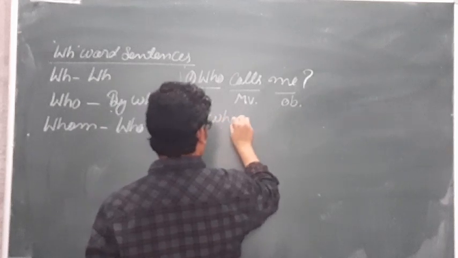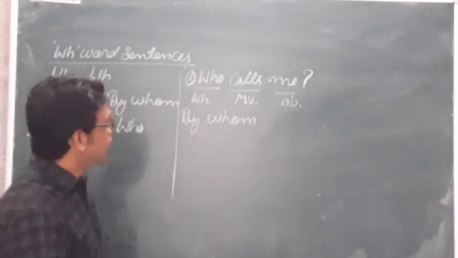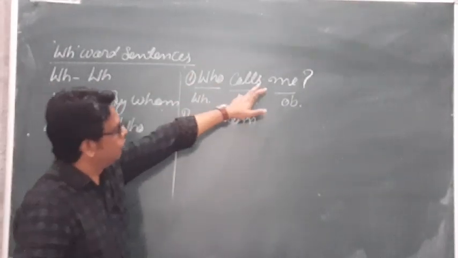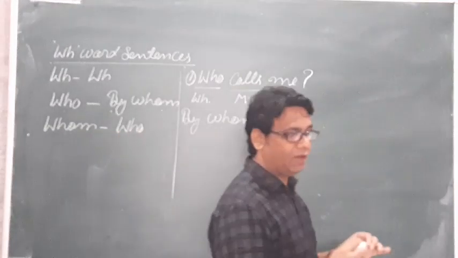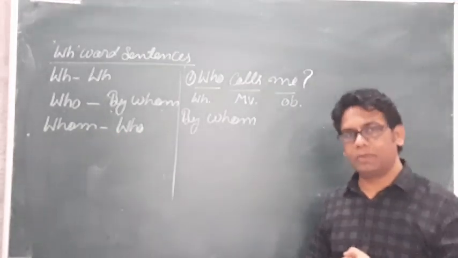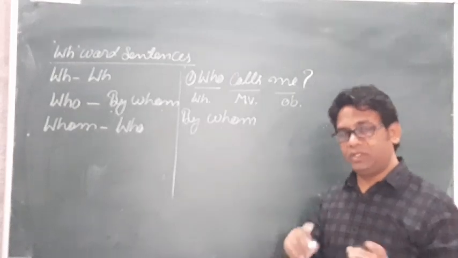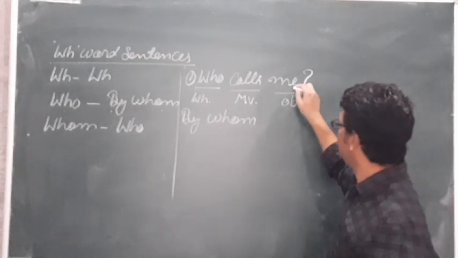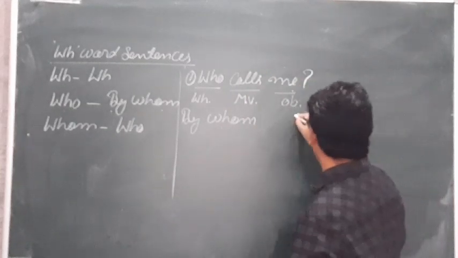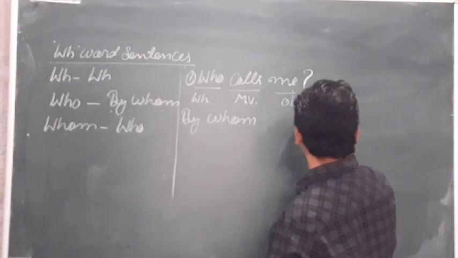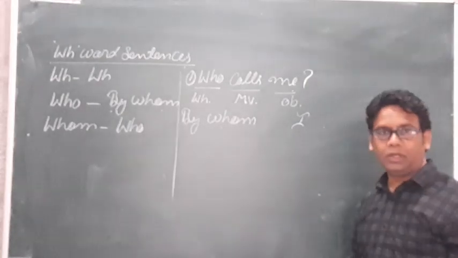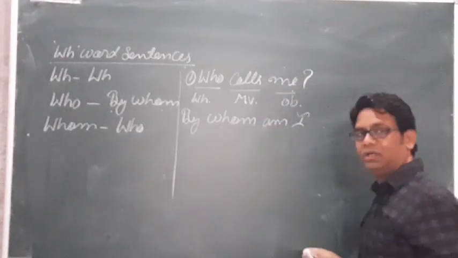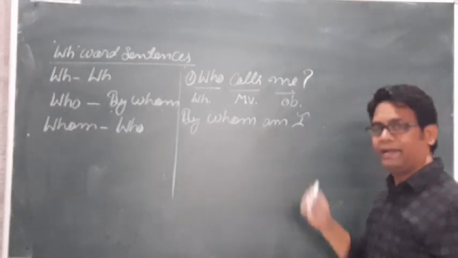By whom. Okay. Now look at the main verb. Calls, V1 plus S. Whenever we find V1, the first form of the verb plus S or ES, in our sentence, we will change it into is and are. And here the object is me, and the object will change into the subject, it means I. And we will use am with I. By whom am I?